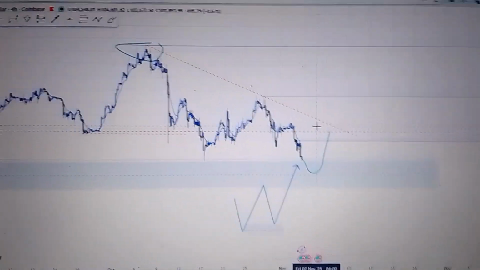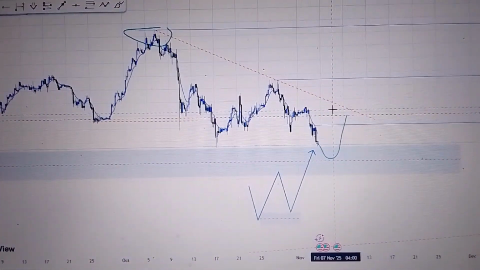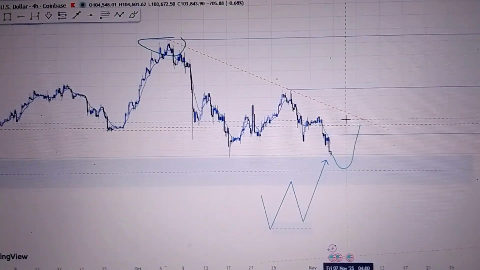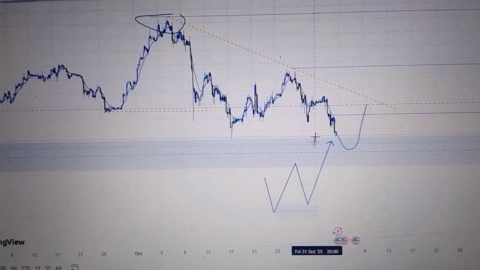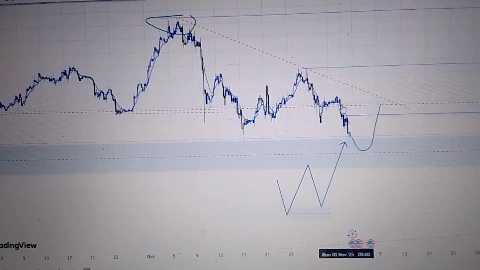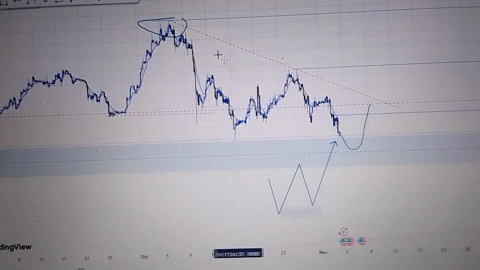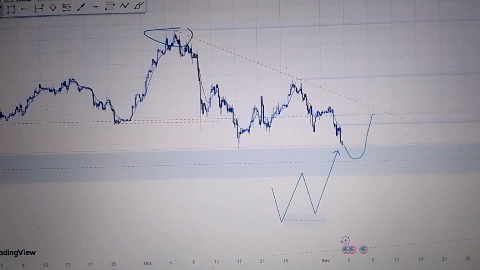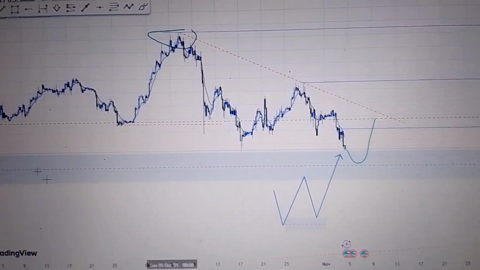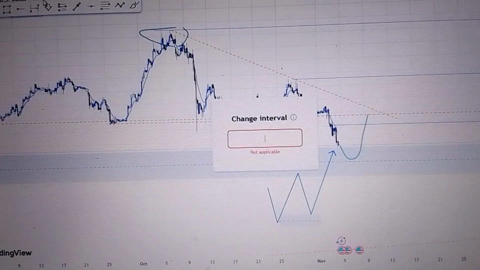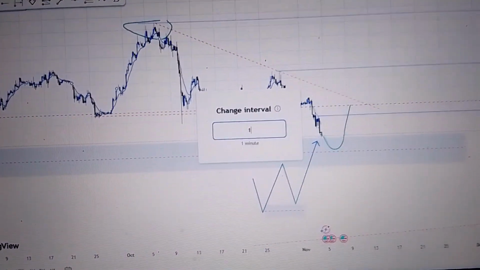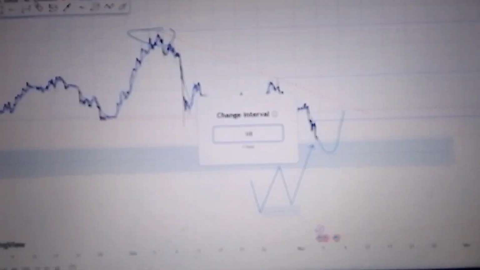If the market reverses and breaks this, what will I look for? I will look for a POI right here, and I will want to see this structure right here.